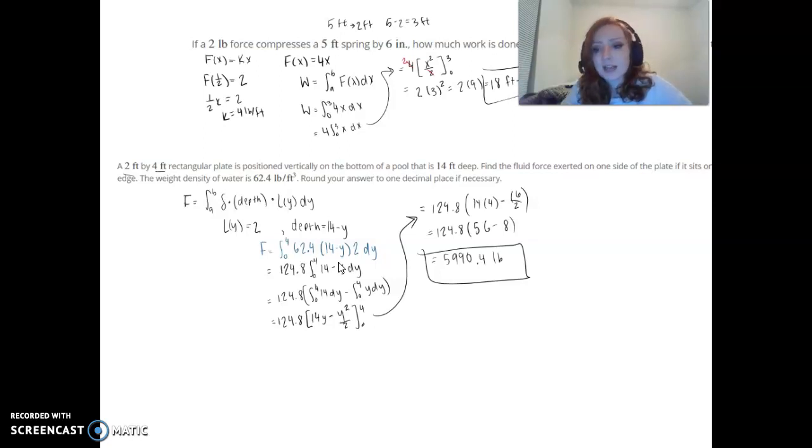And it gives us the depth, which is 14 minus y. And we have our length, which is just 2. And our density is given as well. So we're going from 0 to 4 because we don't know.